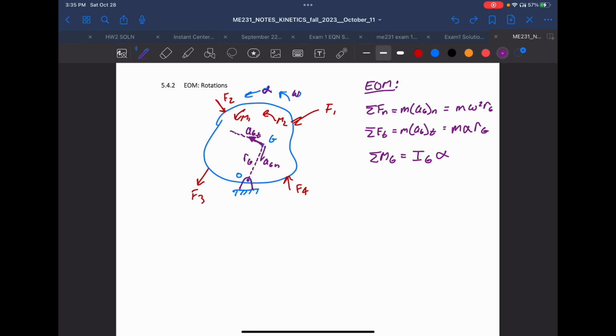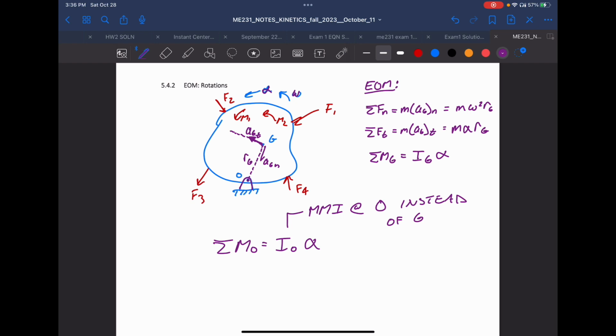But in this case, what I'm getting at is, say we wanted to sum the moments about point O instead of the center of gravity G. Well, we'd still get summation of moments about O. In this case, all we've got to do is use the mass moment of inertia at O instead of G. So using the correct moment of inertia takes care of the geometry shift.